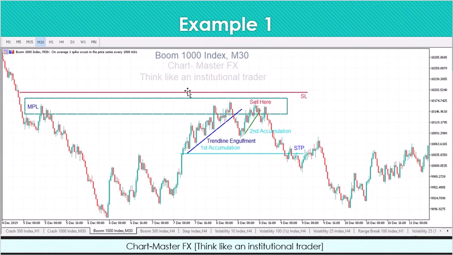You may see sometimes that the MPL may be respected and might be engulfed, but now the price actually does a flip trend line, guys, and you see all the conditions: this trend line has been engulfed and the price now is doing the second accumulation going towards that MPL. Then you take this as your new supply and you use it as your determinant for putting your stop loss.